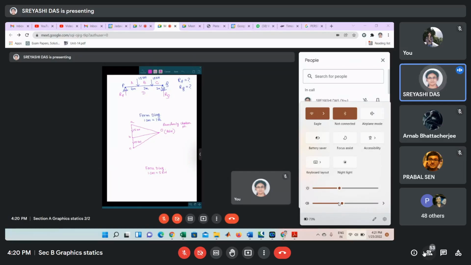Now we know that this beam structure will be in equilibrium. The reactions will be such that all these force components are in equilibrium.